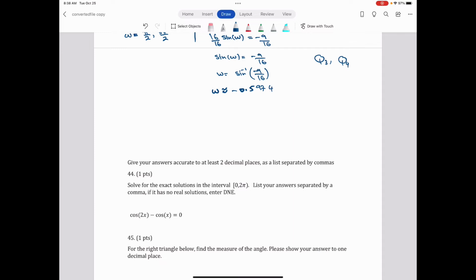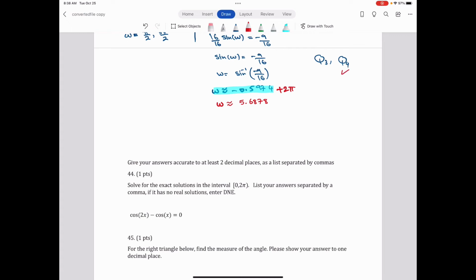We need the positive angle here, we don't want the negative angle. So to find the coterminal angle, I'm going to add 2 pi to this. If you add 2 pi, you're going to get the first angle, approximately 5.6878, rounded to 4 decimals. So this is the first solution.